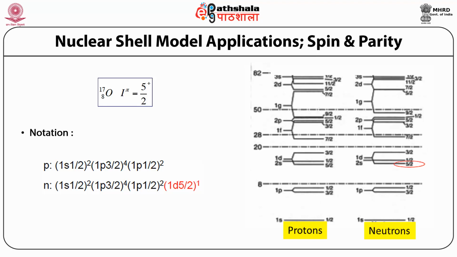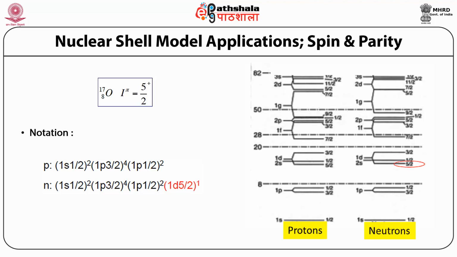The number of protons in oxygen 17 is 8, and the number of neutrons is 9. So this is an odd nucleus where the neutron number is odd. As per the shell model, the spin and parity of oxygen 17 should be decided by the spin and parity of the 9th neutron, that is, in which orbital this ninth neutron will be.